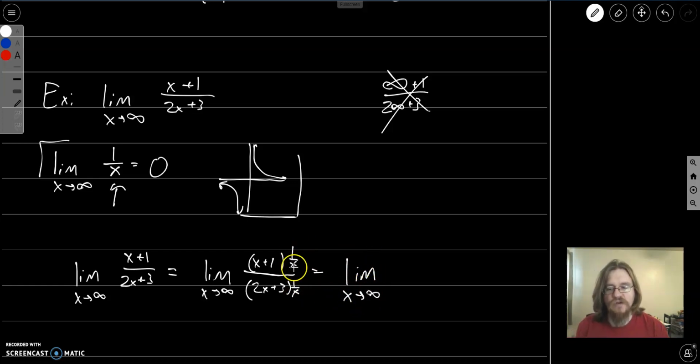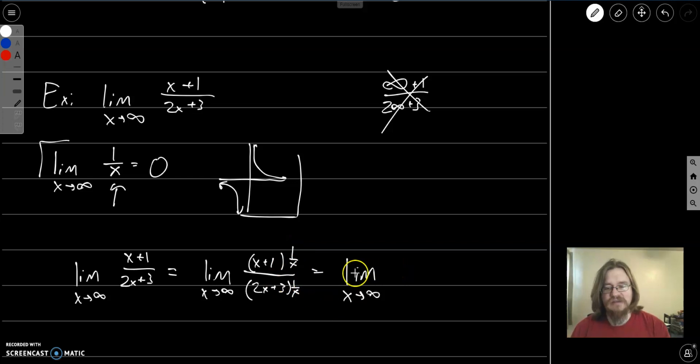I can now no longer plug 0 into my function because I can't divide by 0. But who cares about 0? I'm going off to infinity. And 0 is nowhere close to infinity. So again, the function doesn't care about what happens directly at the limit or what happens away from the limit, only what happens close to it. And 0 is far enough away from infinity, I don't care.